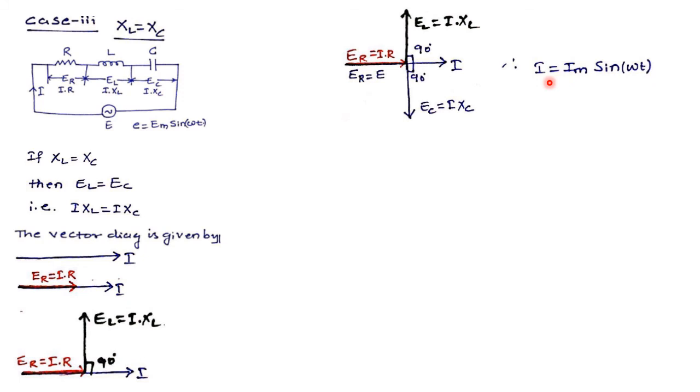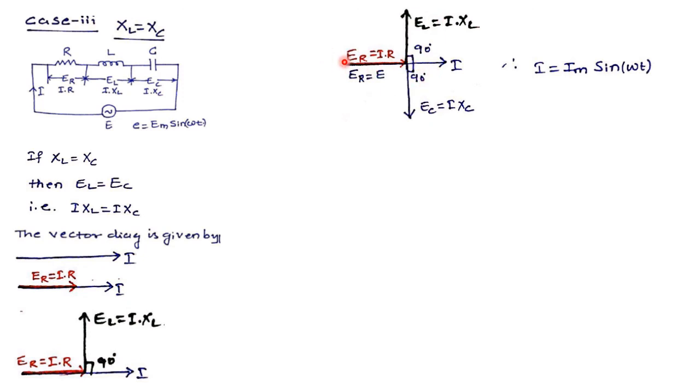So there is no phase difference between voltage and current in this case. So when inductive reactance and capacitive reactance become equal, the phase angle difference between voltage and current becomes 0 because both the effects will cancel out.